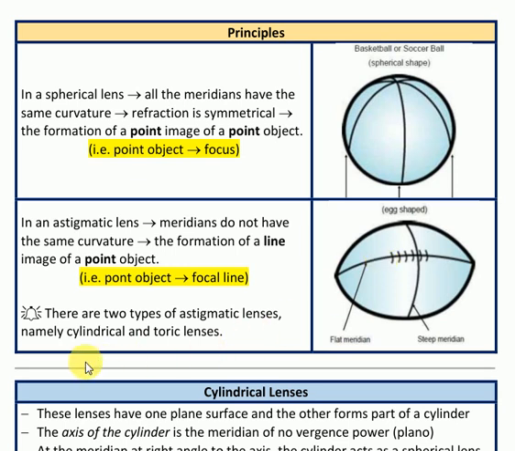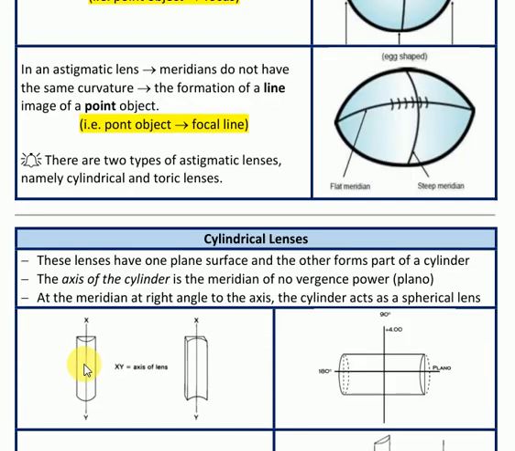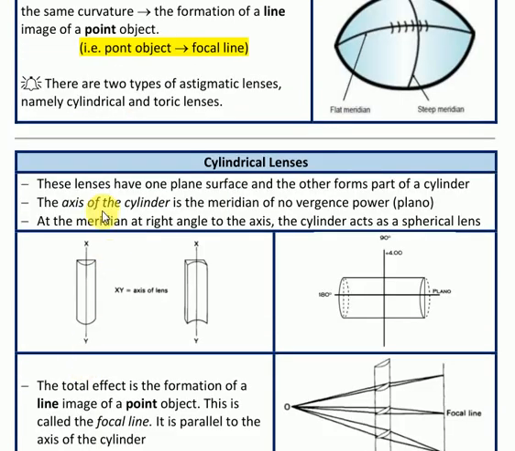So first of all, cylindrical lenses. Cylindrical lenses have one plane surface, as you can see in this image, and the other forms part of a cylinder.